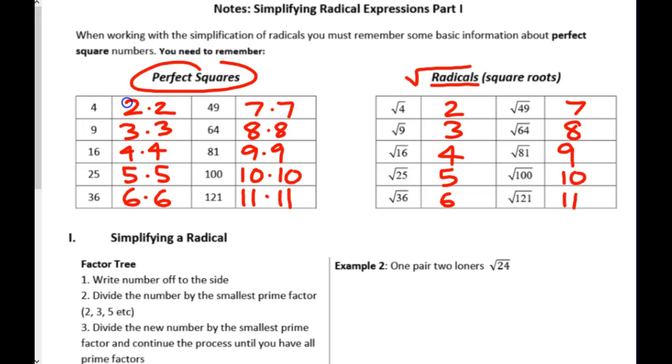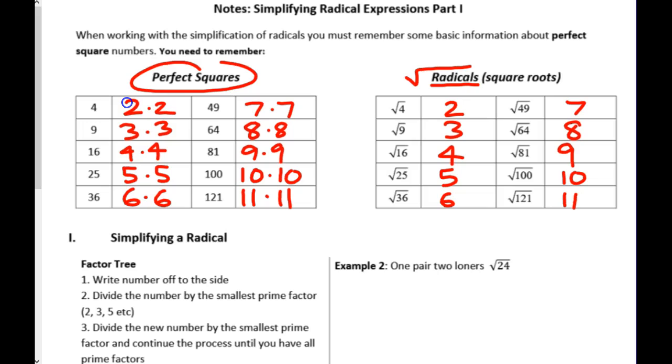So, as you can see, there's only like 10 squares between 0 and 121, right? So there's a lot of other numbers that don't give you whole numbers. So typically, if you type it in the calculator, you'll get a decimal, but we don't want decimals, so that's why today we're going to start off this year by reducing or simplifying radicals, okay?